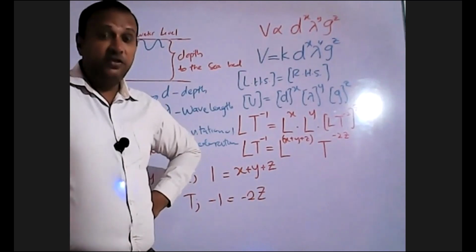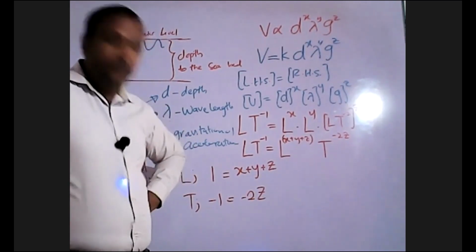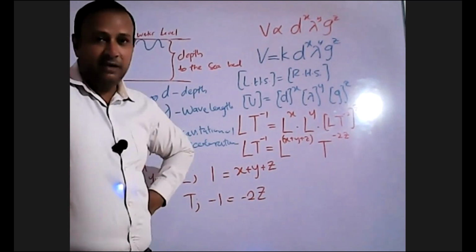If I want to find three unknown factors, there should be three different simultaneous equations.